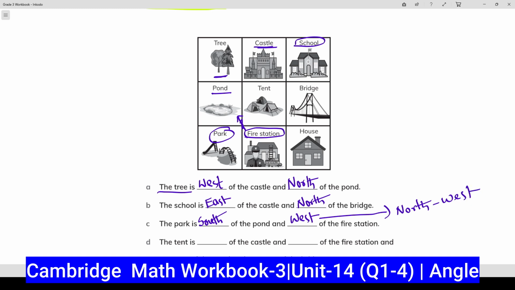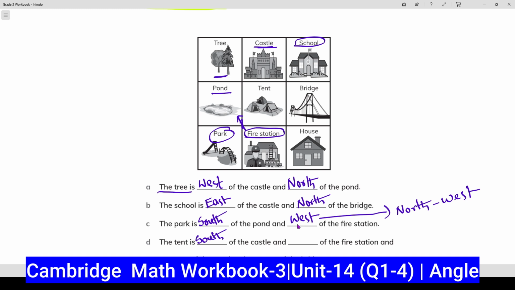Okay. Number D is, the tent is dash of the castle. It's south of the castle, and dash of the fire station. Where is the fire station? This is the fire station and tent.